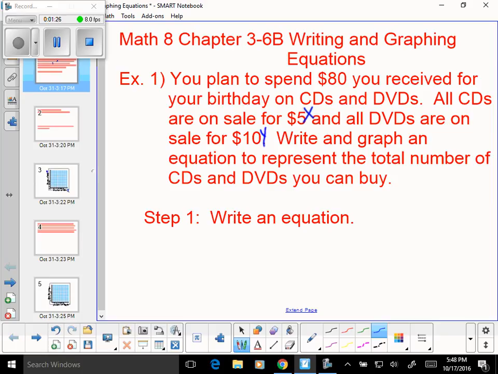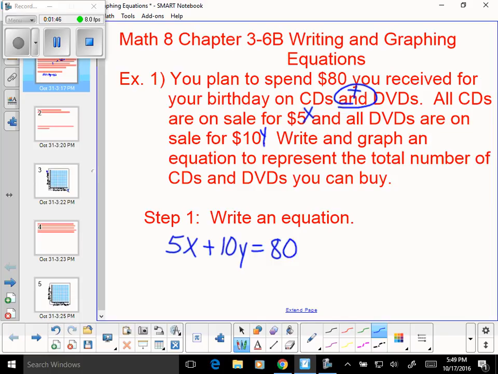Now you're going to buy CDs and DVDs, so there's that addition. 5x plus 10y has to equal the $80 that you have.